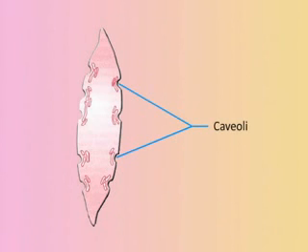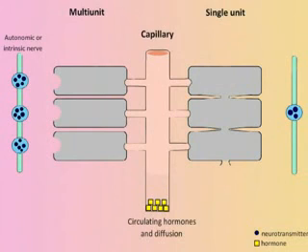And third, it also has caveolae, a remnant of the T-tubules. It is rudimentary since the sarcolemma communicates with the sarcoplasmic reticulum via secondary messengers. The contraction of smooth muscles is controlled by hormones or neurotransmitters. The smooth muscle is innervated by the autonomic nervous system.